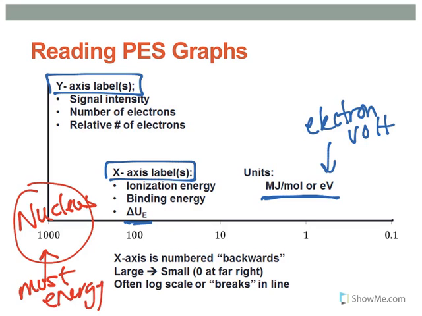And so it's going to go from large here, close to the nucleus, to small out here. And you'll notice also that we have a scale here that is not necessarily consistently numbered, but it is if you realize that it's a log scale, okay? Or there sometimes are those breaks in a line, kind of markings along the way.